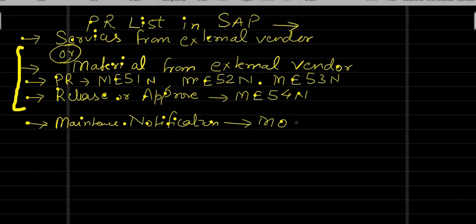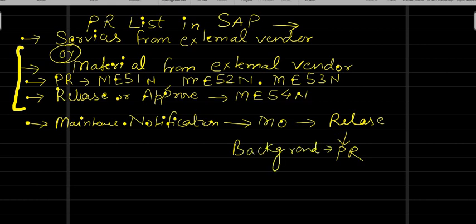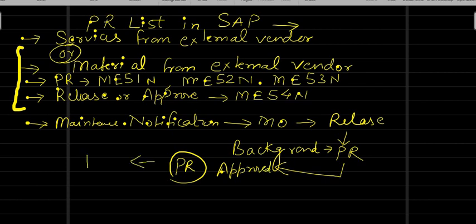Once we release our maintenance order, a background purchase requisition will be generated. That PR should be approved, and it is used in the purchase order for services. This is the second way where you create the purchase requisition.